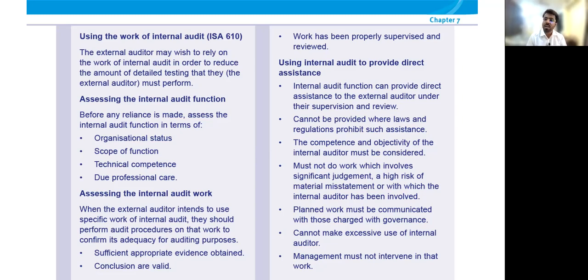To check the internal processes and procedures of the company, whether they have proper internal controls, whether the controls are operating effectively or not. All of that the internal auditor is checking.